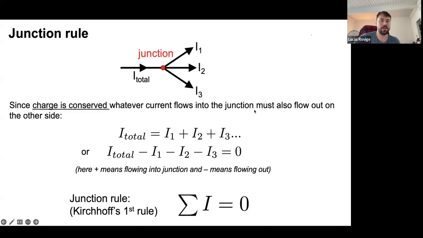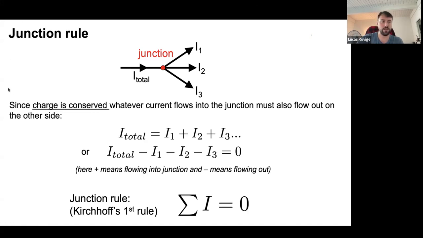So yesterday, the main takeaway was the two Kirchhoff rules we've seen that are very important, and combined with Ohm's law and a few reasonings on electrical circuits will help us solve any electrical circuit we're going to encounter.